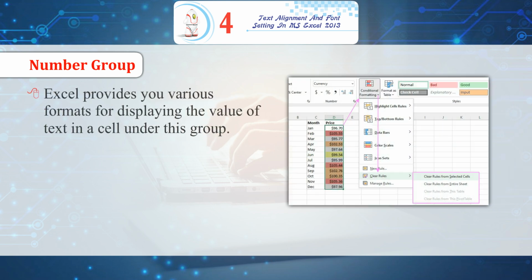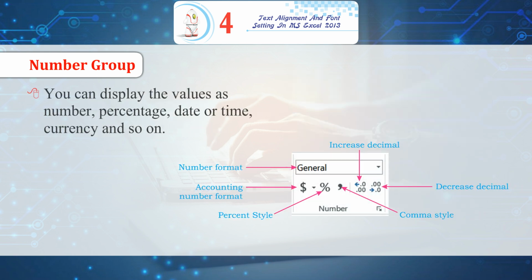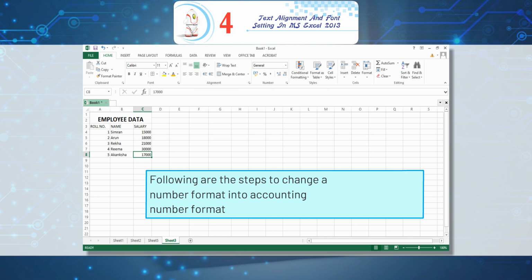Number group. Excel provides you various formats for displaying the value of text in a cell under this group. You can display the values as number, percentage, date or time, currency, and so on. Increase decimal, number format, accounting number format, percent style, decrease decimal, comma style.